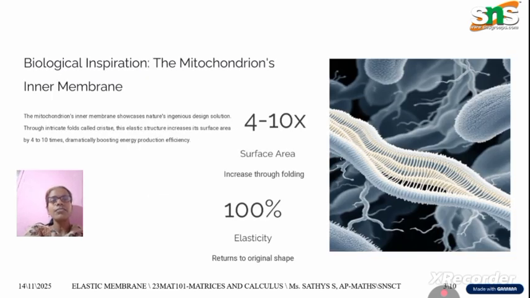The next thing is the biological inspiration, the mitochondria's inner membrane. That is what we are going to see in this case. The mitochondria's inner membrane showcases nature's ingenious design solutions through intricate folds called cristae, which increase its surface area by 4 to 10 times dramatically, boosting energy production efficiency.